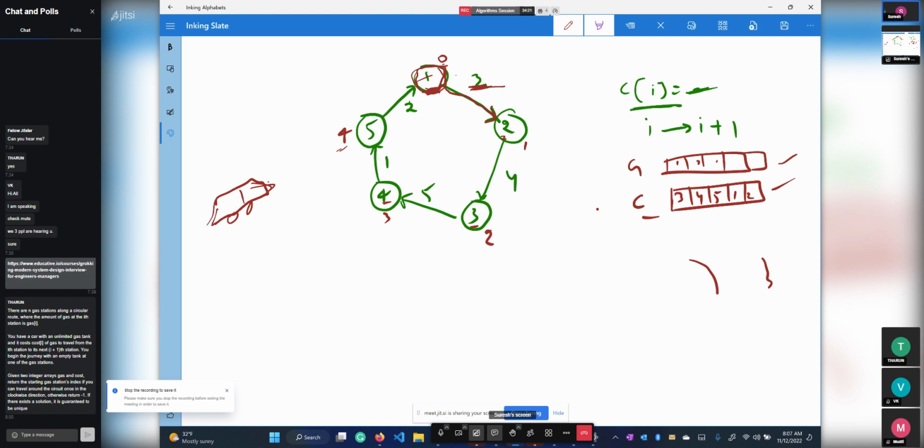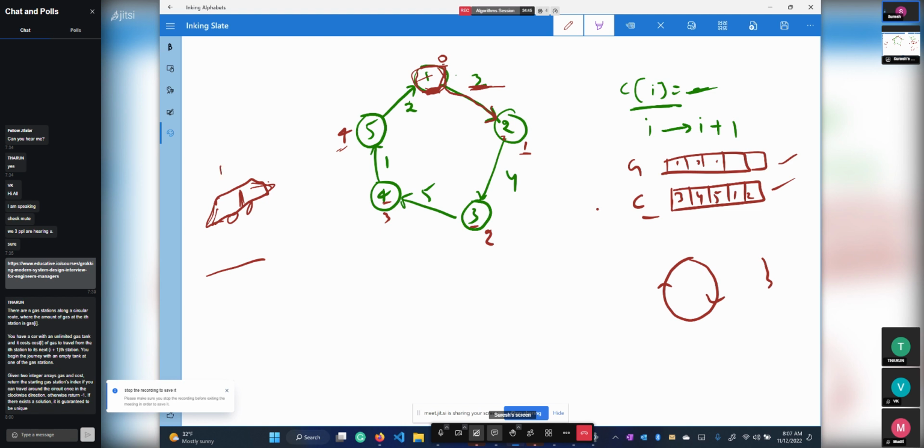Now it will always only go in a clockwise direction, right? So you have to go to station number 2, or the station with index 1. Can you travel from 0 to 2? You have a car that was empty, and you just put 1 liter in, so it will go only 1 kilometer.